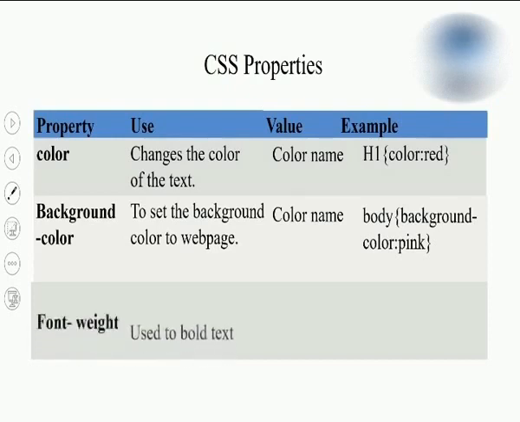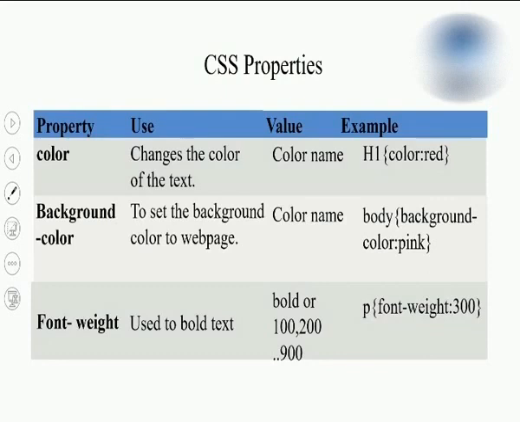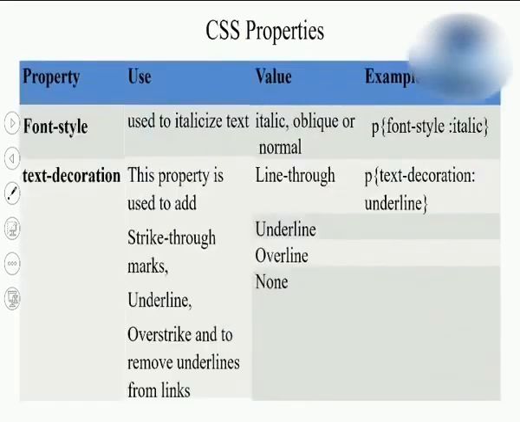For font-weight, you can specify bold to make the text bold, or you can specify a value from 100 to 900. So font-weight colon value, you can specify like this. Students, let us see a few more properties. Font-style is used to have italic, or whether you want normal text, which you can specify by using font-style colon italic.